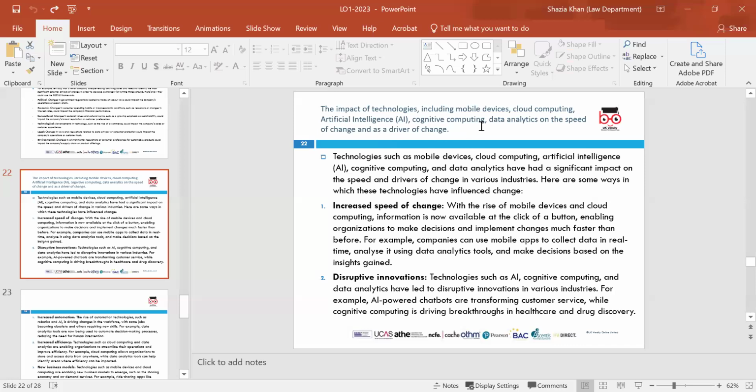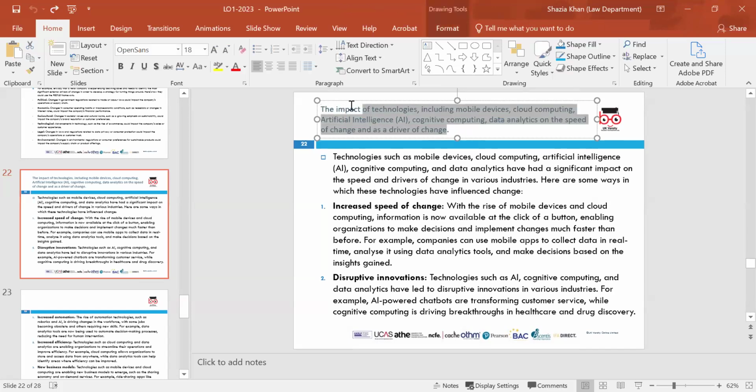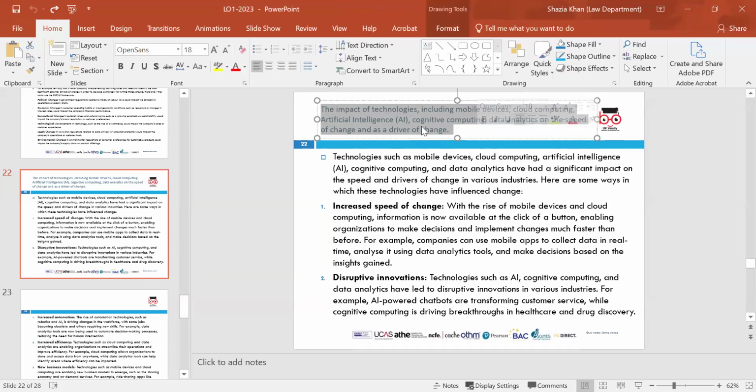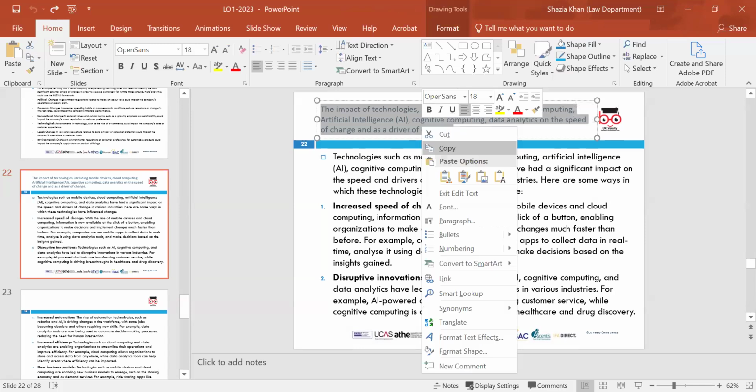So the impact of technologies, including mobile phones, cloud computing, artificial intelligence, cognitive computing, data analysis, and the change of the drivers. So when we look at technology and the impact of technology on an organization, do you think it plays a big role?